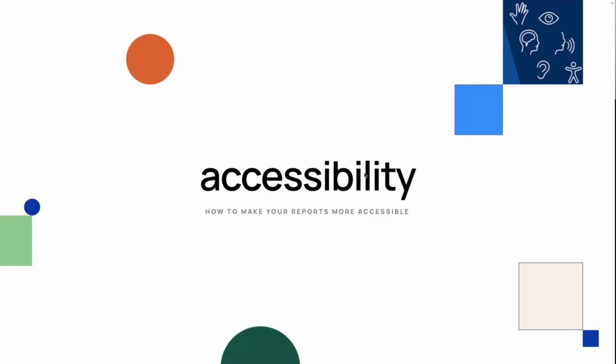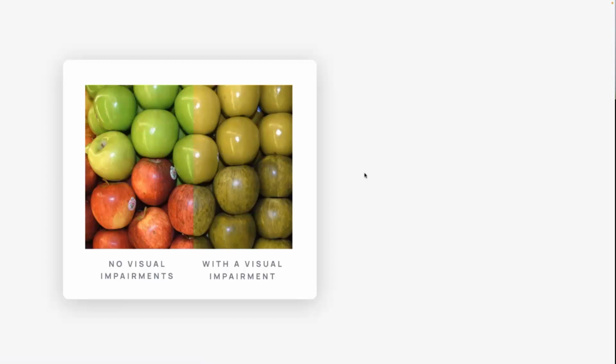Now, colors are nice, but they can also play a significant role in making our designs more accessible. And accessibility is crucial for ensuring that our reports can be used and understood by everyone. To understand why accessibility matters, I would like you to have a look at this picture.